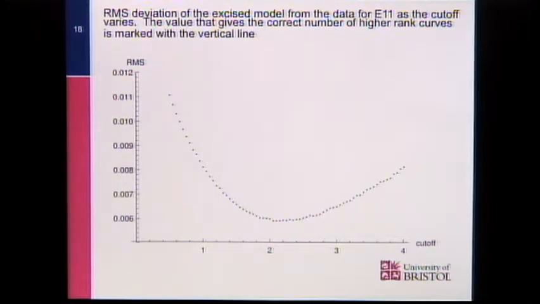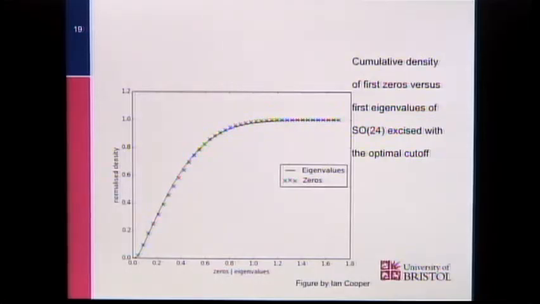So we can see there is a minimum. That is, there's an optimal cutoff to choose: if we keep the matrices with characteristic polynomial at 1 bigger than that cutoff, that optimizes the model. And if you want a picture to compare with when we took all of SO(2N), here it is.